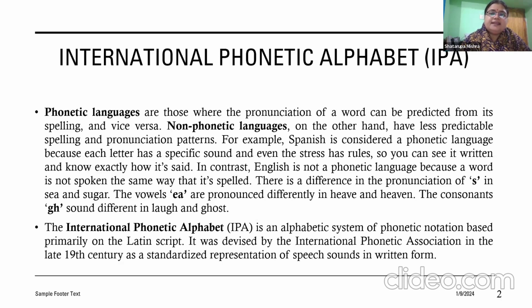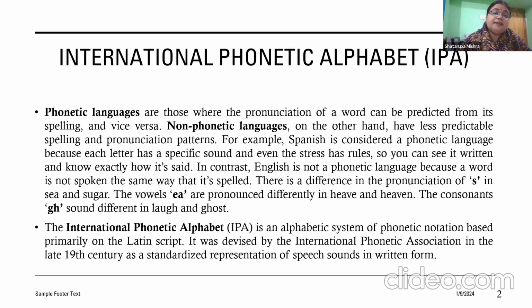Then the consonants GH are pronounced differently in the words laugh and ghost. In laugh, GH has an F sound, and in ghost, GH has a G sound. So we see that in English, you cannot predict the pronunciation from the spelling.